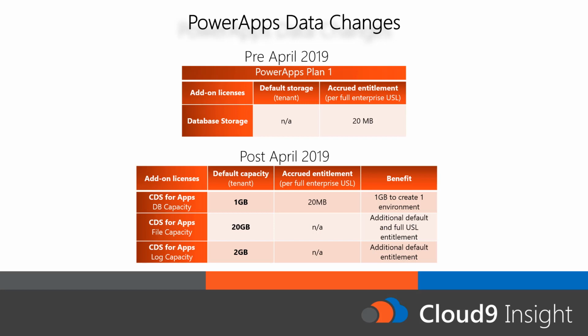It will give you database capacity at 1 gigabyte with an accrued entitlement per full enterprise USL of 20 megabytes. The file capacity is 20 gigabytes, and there is no accrued entitlement per full enterprise USL. And then there'll be a log capacity of 2 gigabytes with no additional accrued entitlement per full enterprise USL as well.